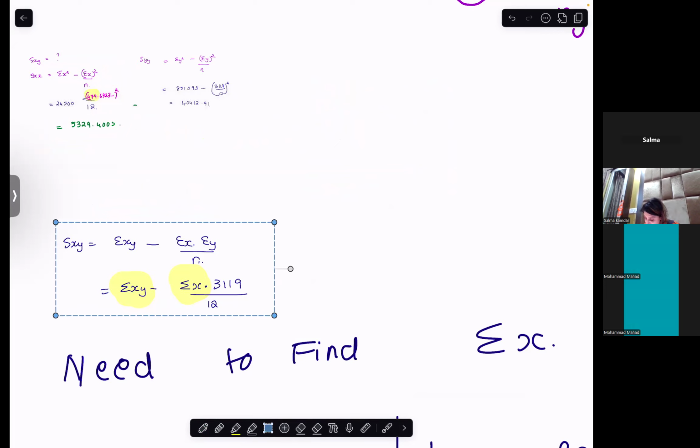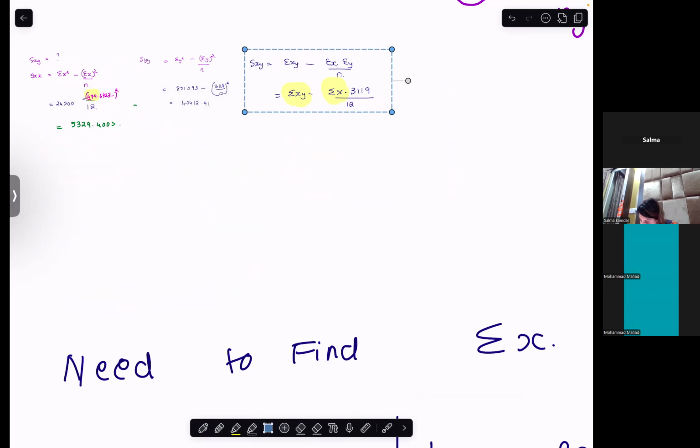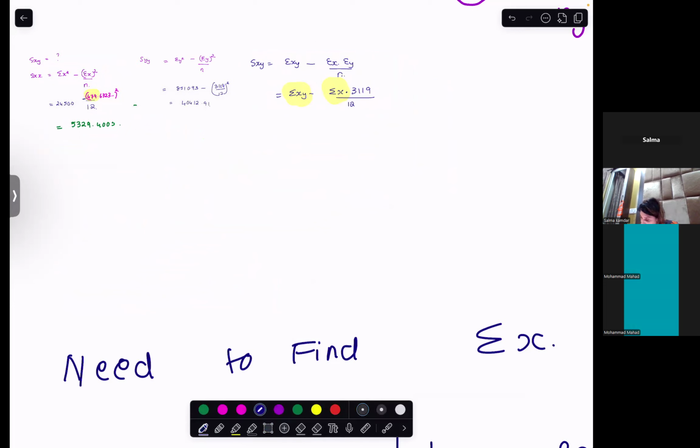Now we are into sxy. We still have an issue over here. What is my sigma x? 5329.4? So this is sigma x by n.